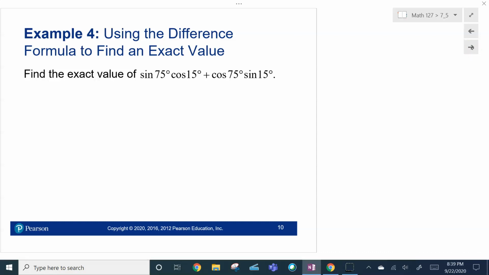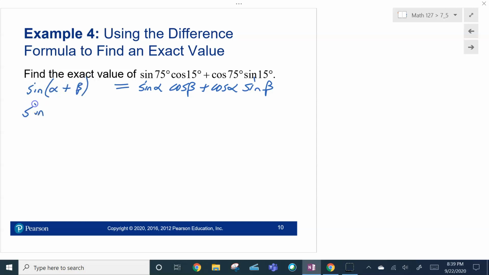All right, how about this one? This is sine alpha cosine beta plus cosine alpha sine beta, because beta we named as 15. So what's sine alpha cosine beta plus cosine alpha sine beta? We say, oh, that's sine of alpha plus beta.